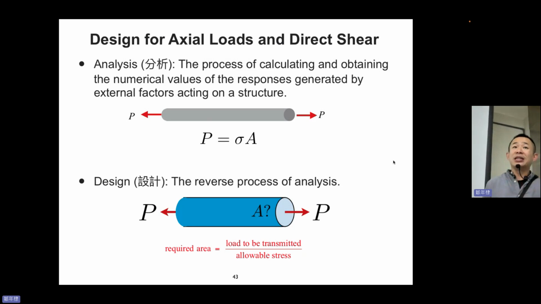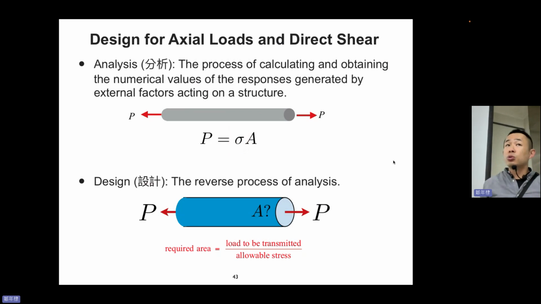However, typically in daily life, we won't do this. We know the requirement demanding of the force. For example, we know how heavy this light is, and we buy a material whose sigma is fixed.